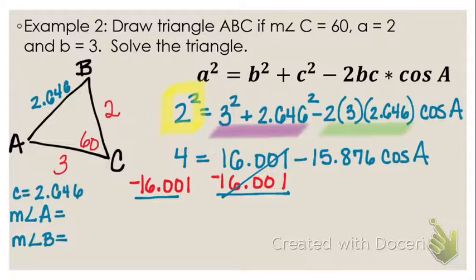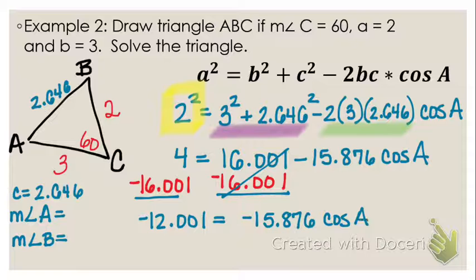And that gives you a negative 12.001 equals negative 15.876 cosine angle A. Now we divide.